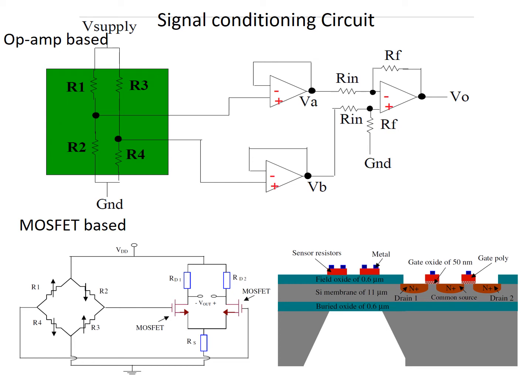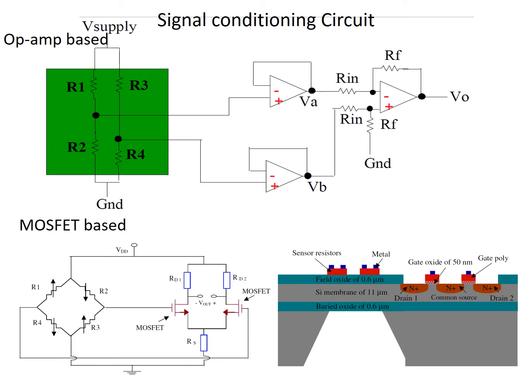Here we have shown one op-amp based circuit, which has two buffers and a differential amplifier. If you remember, we talked about the instrumentation amplifier. This is similar to that, not exactly, but it includes two buffers.